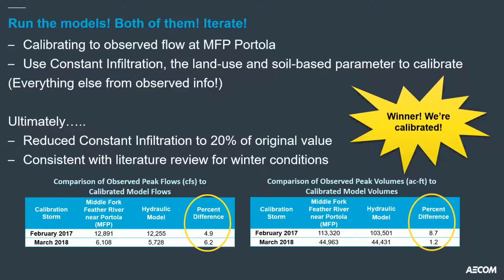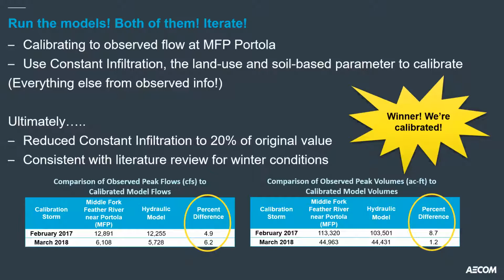So we ran the 2017 event and the March 2018 event, and iterated between the HMS model and the RAS model, reducing that constant infiltration until we matched up within percentages that we felt were appropriate. Ultimately, we reduced the constant infiltration to 20% of the original value across the entire watershed, all of the basins.